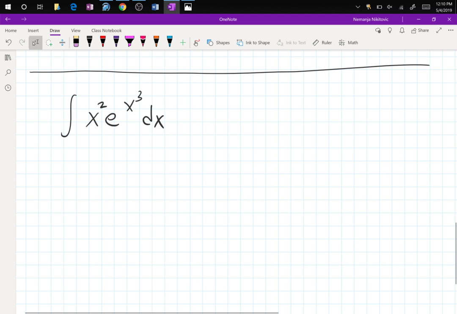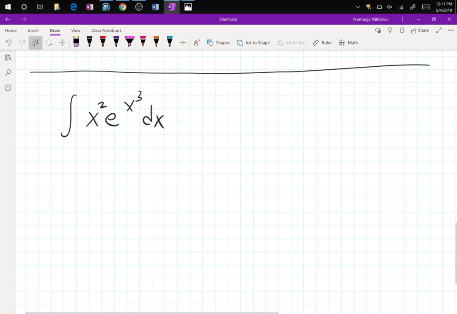You always go with the logic, what has derivative laying around? What is the function?